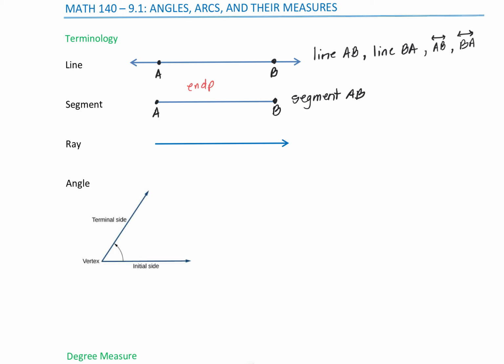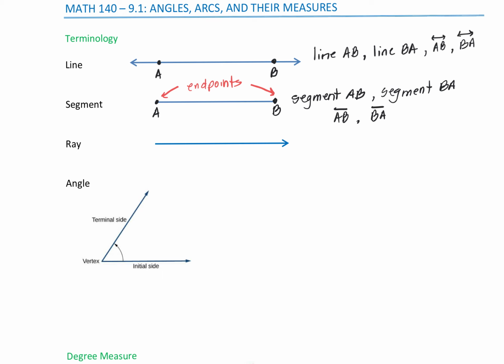Where A and B are what we call endpoints of our segment. So again, I could just write segment BA, exactly the same. I could write AB with a segment over it. Order doesn't matter in this case, so I could write BA with a line segment over it.